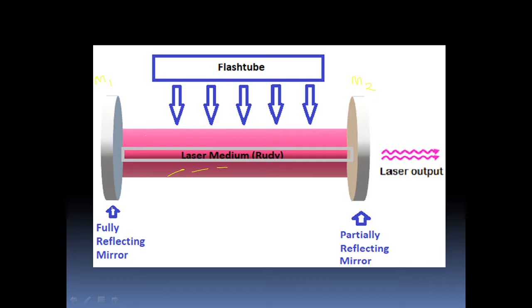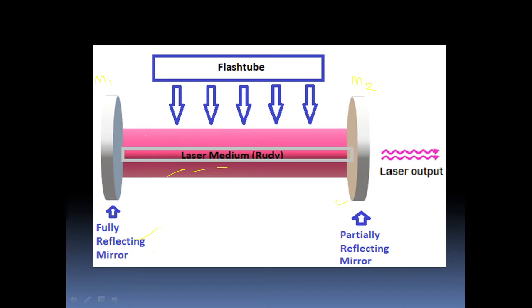Here the mirror M1 is a fully reflecting mirror, by which all the photons are reflected, and M2 is a partially reflecting mirror, by which 95% of photons are reflected and the remaining are transmitted to the output of the laser.